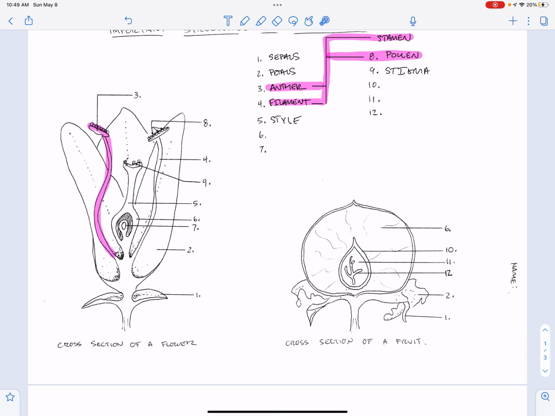So pollen that lands on the stigma is going to grow a pollen tube down the length of the style into the ovary and fertilize a single ovule.